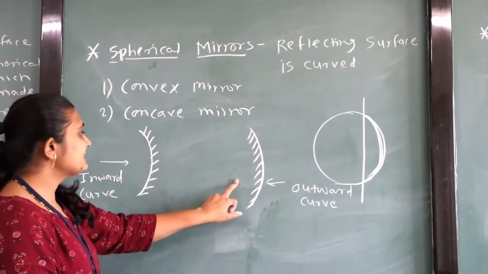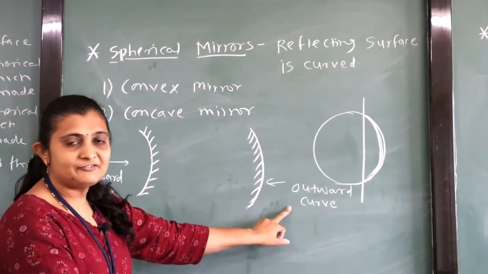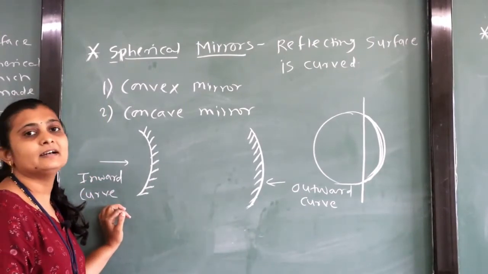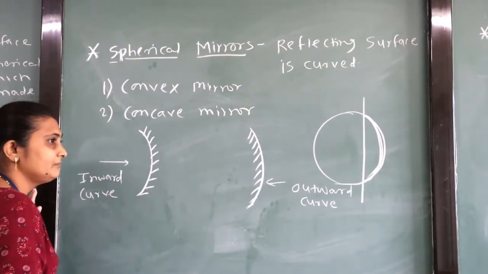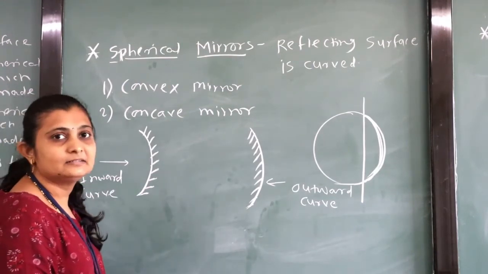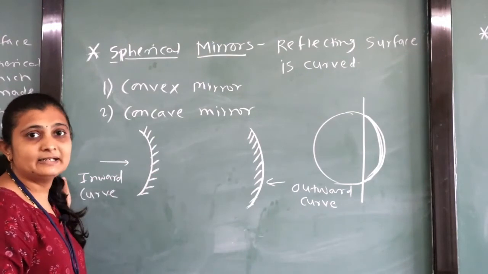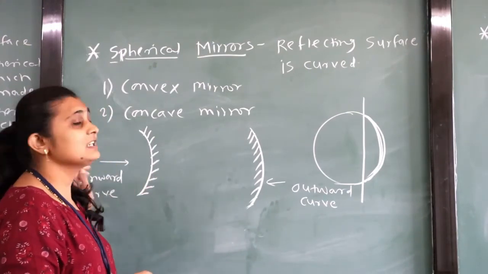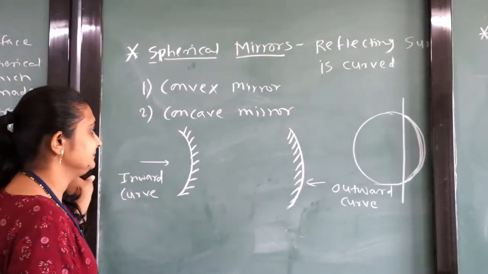In convex mirror, the outward curve is the reflecting surface. In concave mirror, the inward curve is the reflecting surface. For example, the headlights of a car are spherical mirrors. Mirrors used by the dentist are also spherical mirrors.